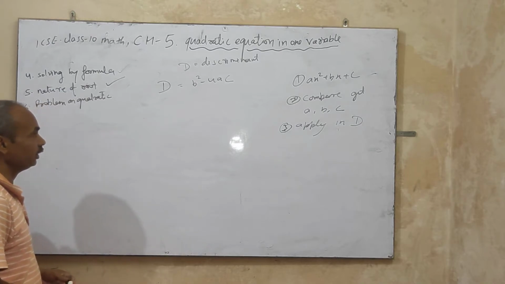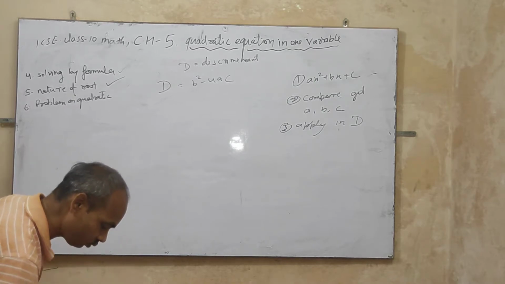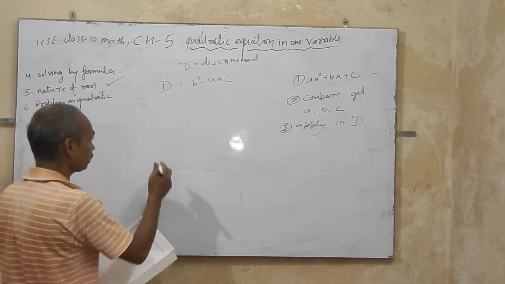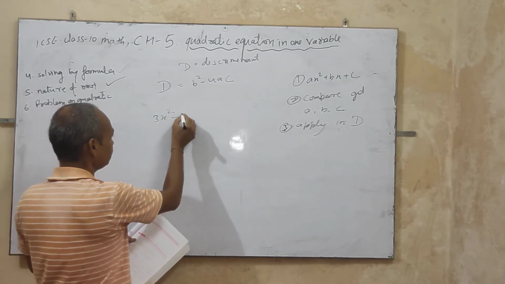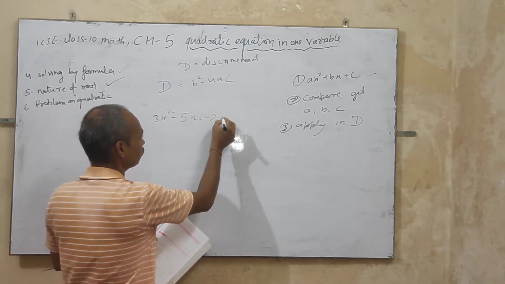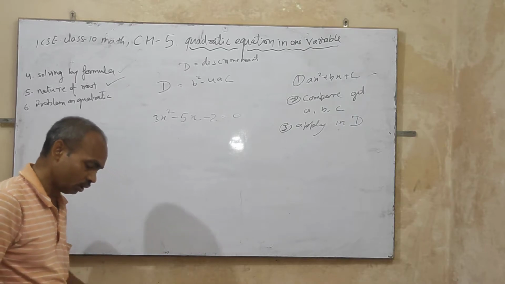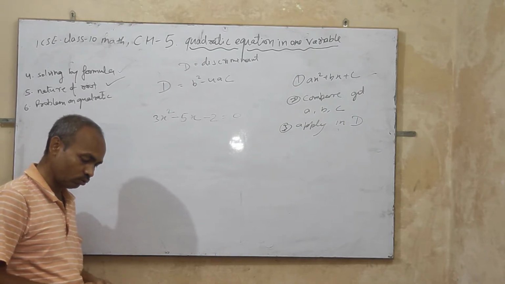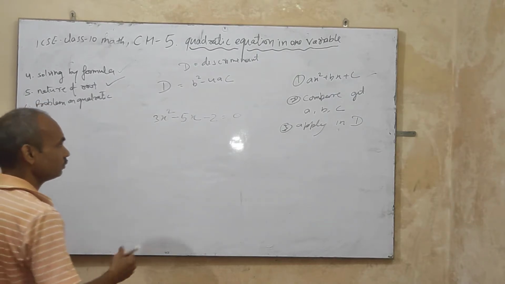Let us take an example in which the nature of root should be found out: 3x square minus 5x minus 2 is equal to 0. This is the equation and we should know the nature of root without solving.